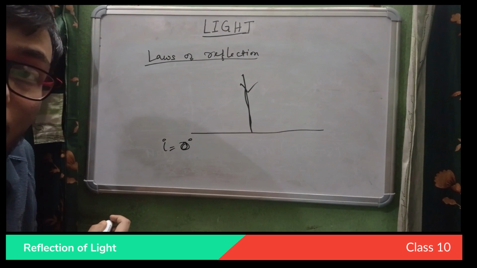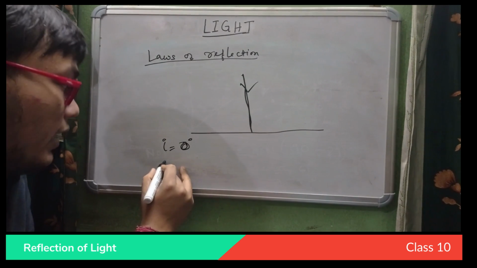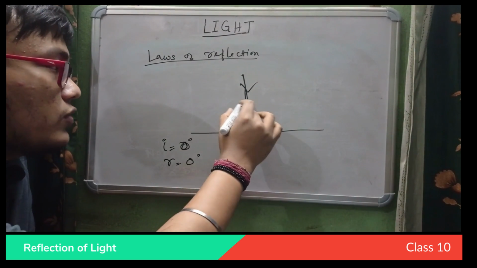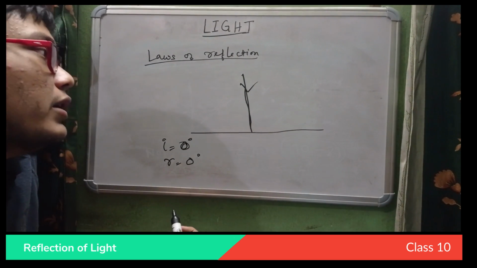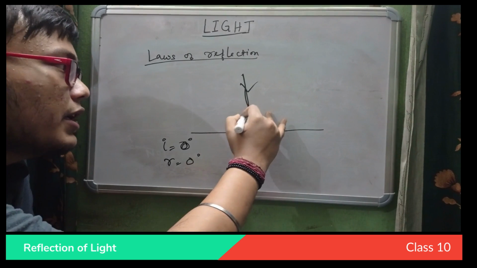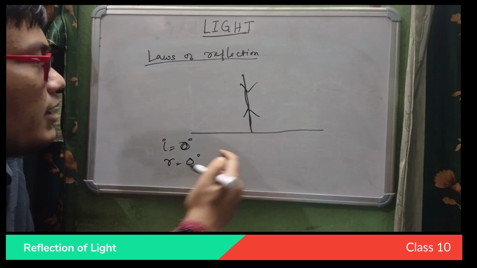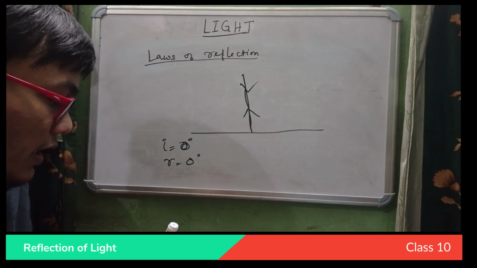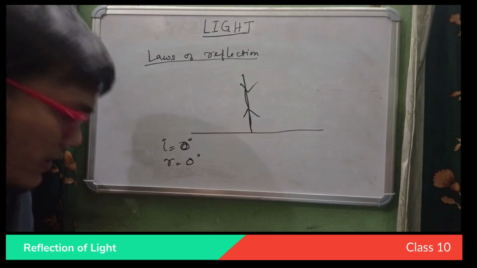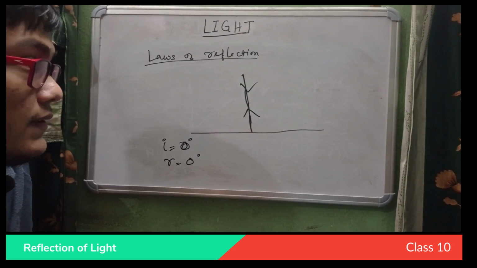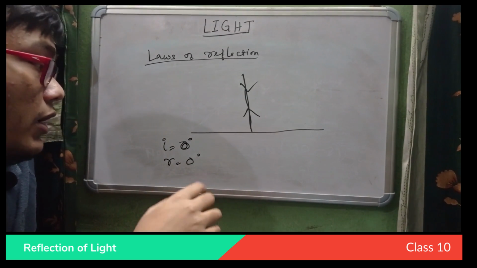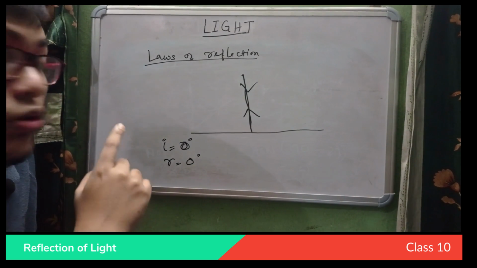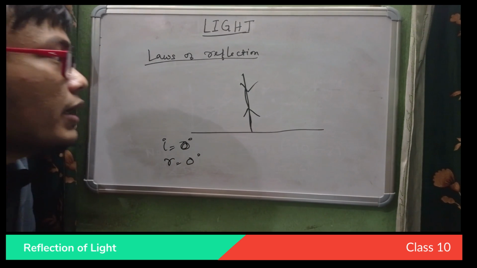So the angle of reflection should also be 0 degrees. A ray of light passing along the normal will be reflected back in the same direction. In other cases where there is some angle of incidence, there will be a change in the direction of the reflected ray, but in this case there will be no change.